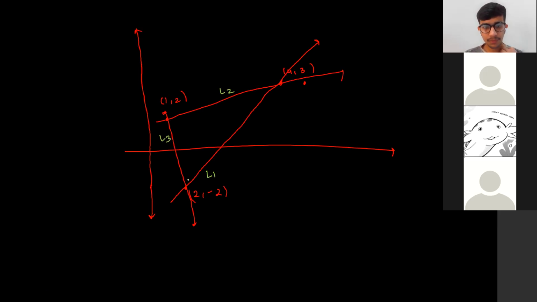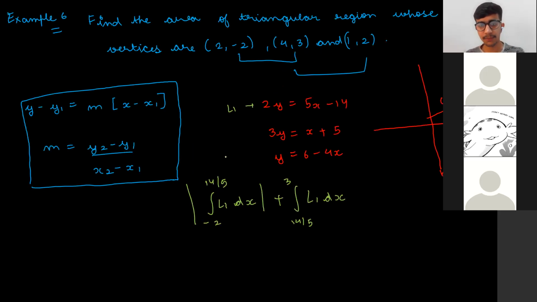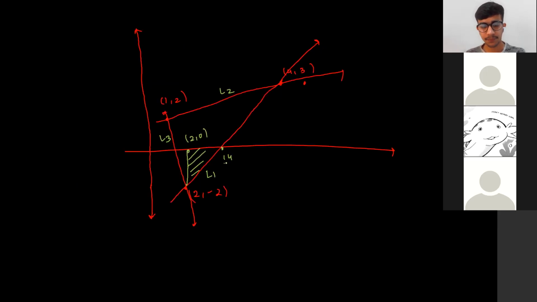This point is 2 comma 0. You first calculate this area. This point is 14 by 5, right? So integration of L1 from 2 to 14 by 5, mod of this, plus after this you calculate this area, all the way from 14 by 5 to 4.